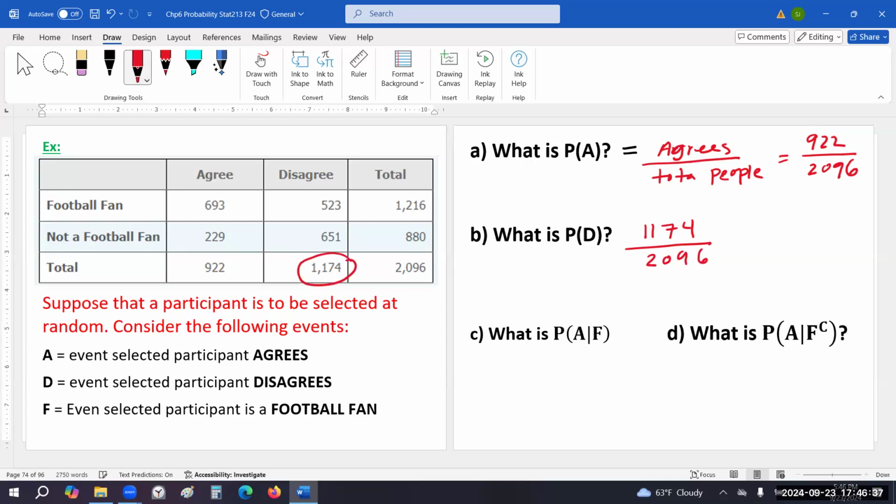So the total number of people under disagree is 1174 out of a total of 2096 people. Cool, right? These are simple ones. Now comes the conditional probability. What's the probability that the person you're picking agrees, given that he is a football fan?